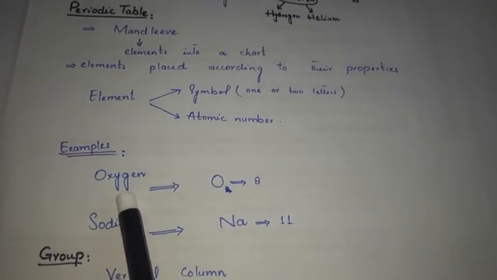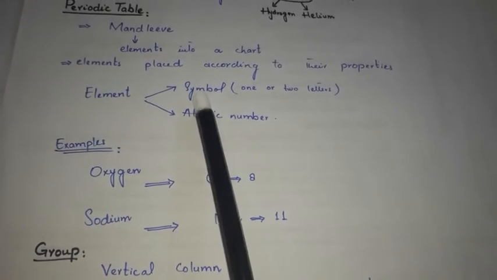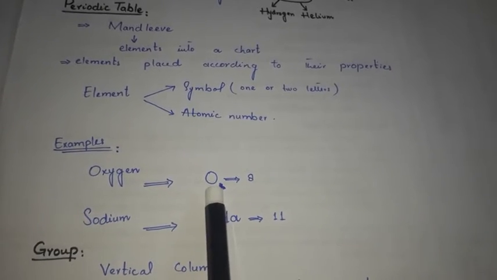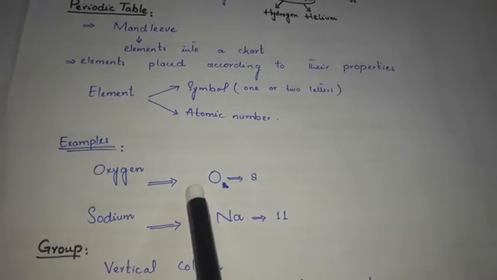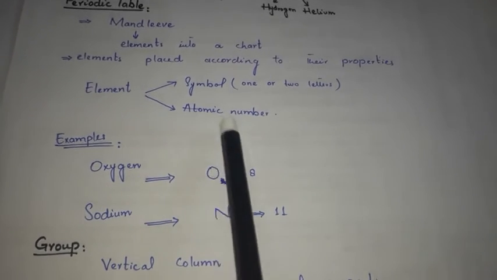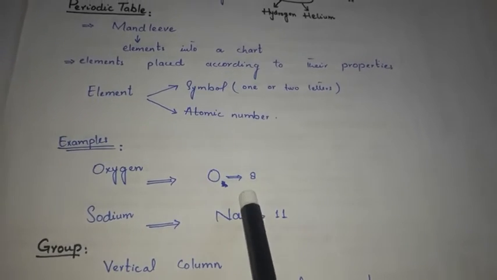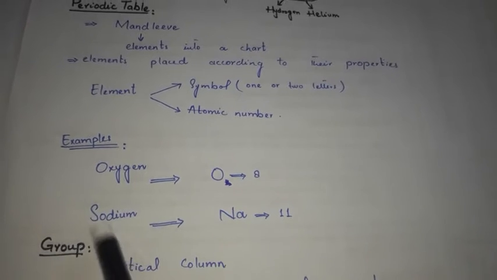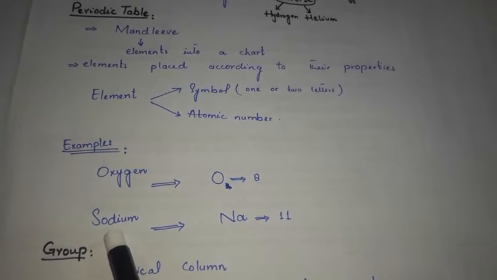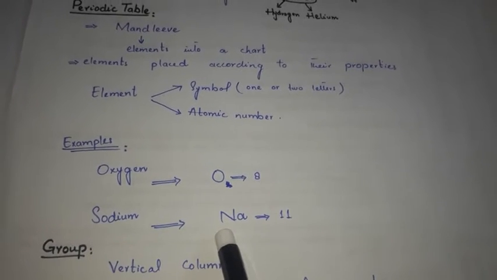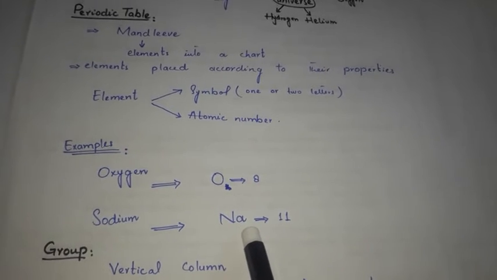Oxygen is an element that has the symbol O, which has only one letter, while it has an atomic number of 8. Next is the element sodium, which has the symbol Na.